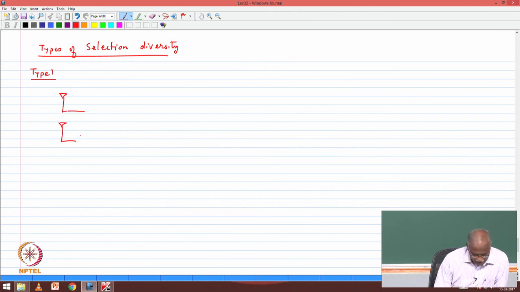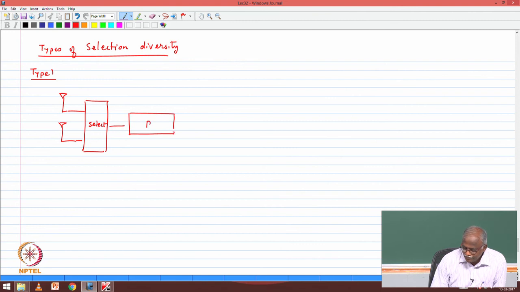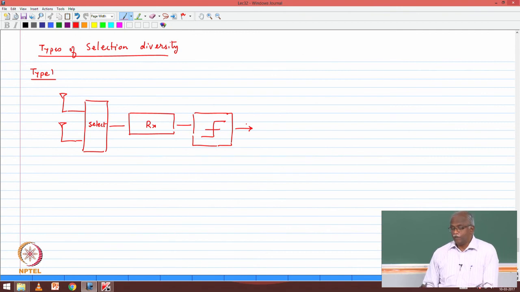You can extend it for any number. I will select which of them is the stronger antenna and then pass it through a single receive chain and then pass it through the decision block. And then I get the output decisions.